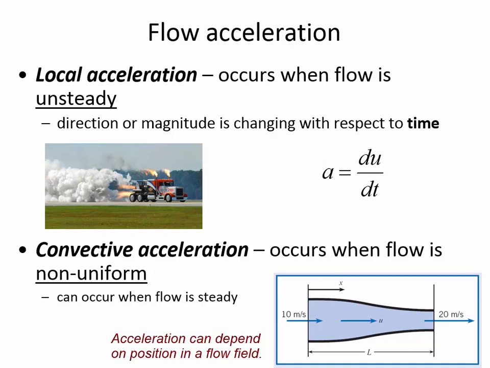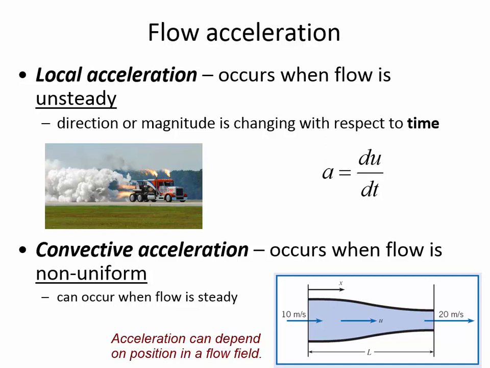So here for convective acceleration, it goes hand in hand with non-uniform flow. So if we look back up, local acceleration is unsteady, so unsteady and time go hand in hand, but non-uniform and position are the 2 things that are linked together. And we talked about that last time. We started a comparison list of steady versus unsteady and uniform versus non-uniform.